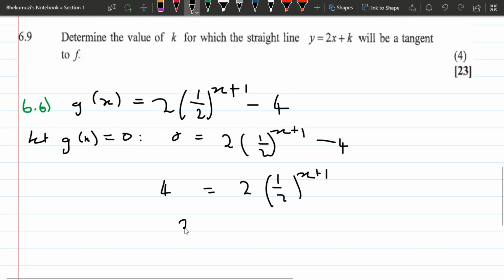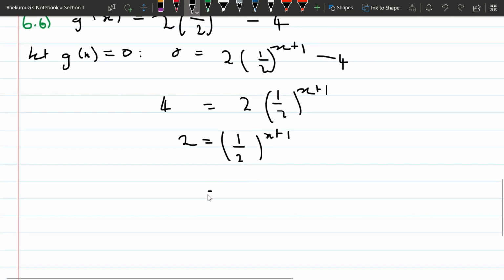And then we would simplify that to solve for the value, and we would find that this is 2, and then this is 1 over 2 all raised to the power x plus 1. But luckily 1 over 2 can be rewritten as 2 to the power negative 1, multiplying x plus 1. And we have 2 all to the power 1, and then we just bring down everything.